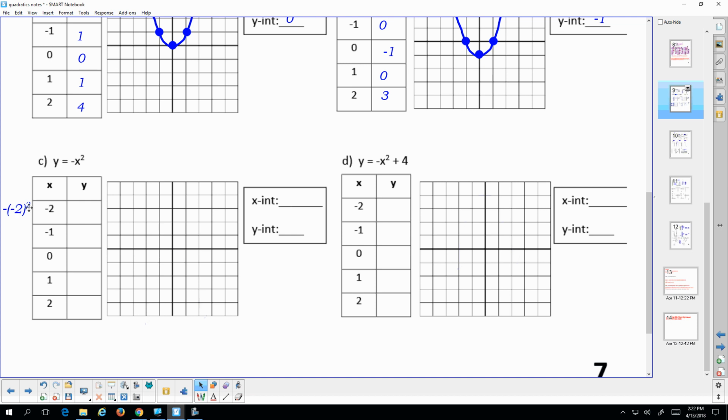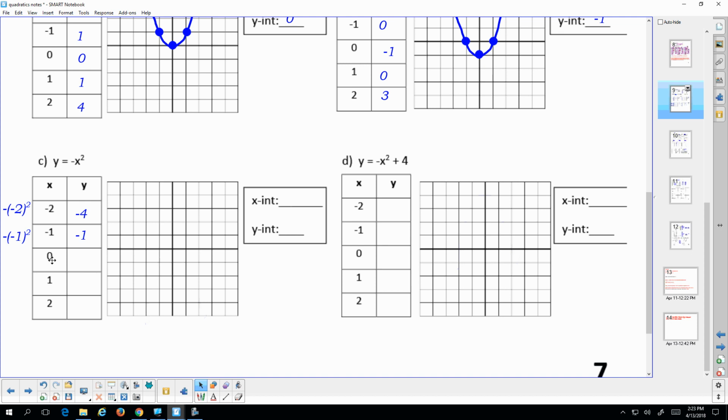So if I do -2², that's going to give me +4, remember, because negative times negative gives you positive. But then there's that negative out front. So I'm actually going to end up with -4 as a result. So do the same thing with -1². What will that give me? That's going to give me -1.